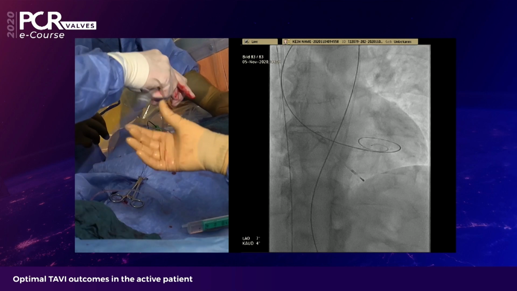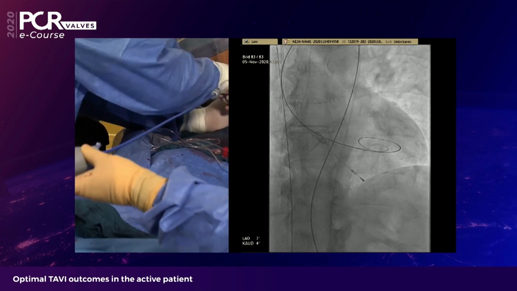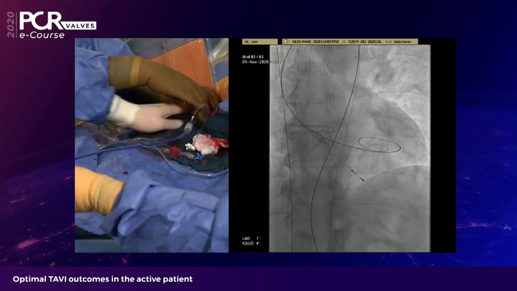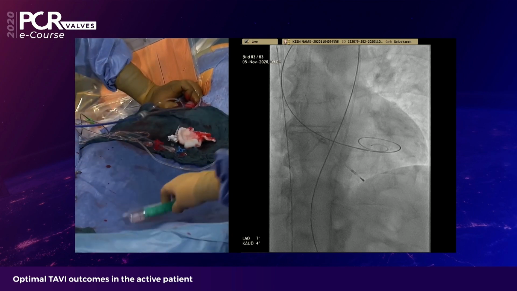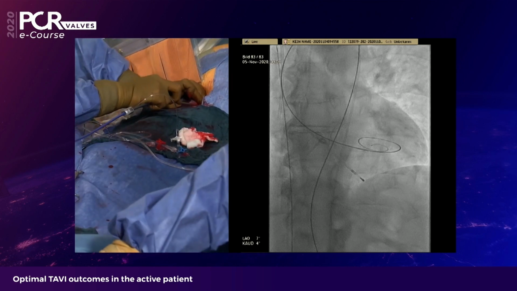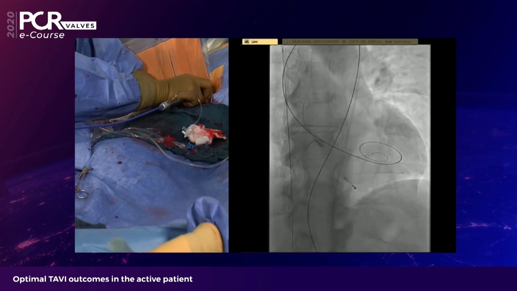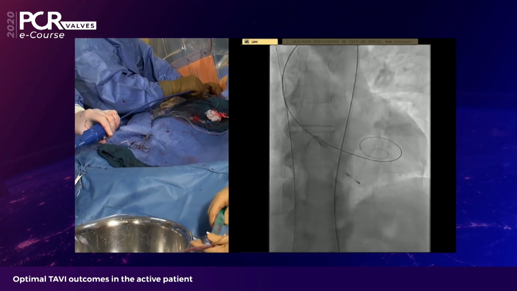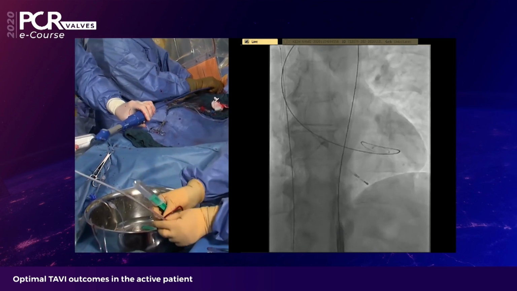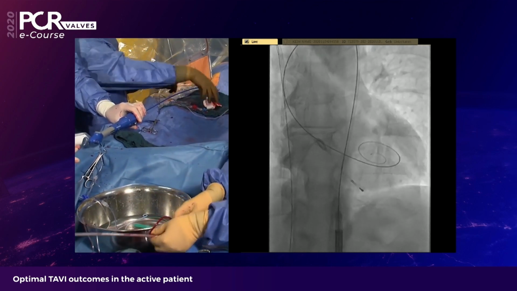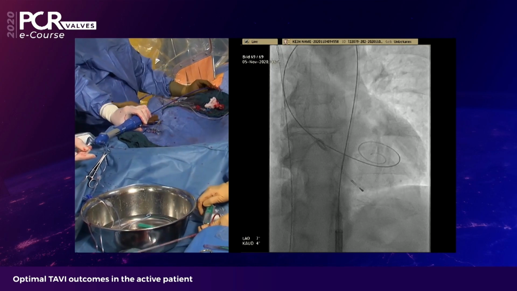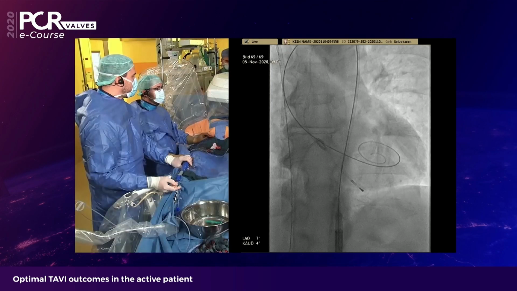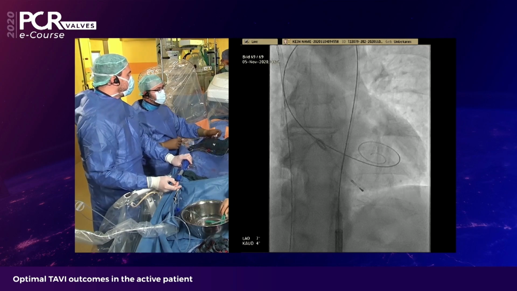Maybe just to finalize the discussion, we of course have discussed this patient in the heart team in our daily meeting, just to make sure whether she's really a transcatheter candidate or, of course, a surgical candidate. And as you have seen in the presentation before, there are a lot of things that have to be addressed for this patient, especially the breast cancer radiation of the thorax, and, of course, the creatinine level.